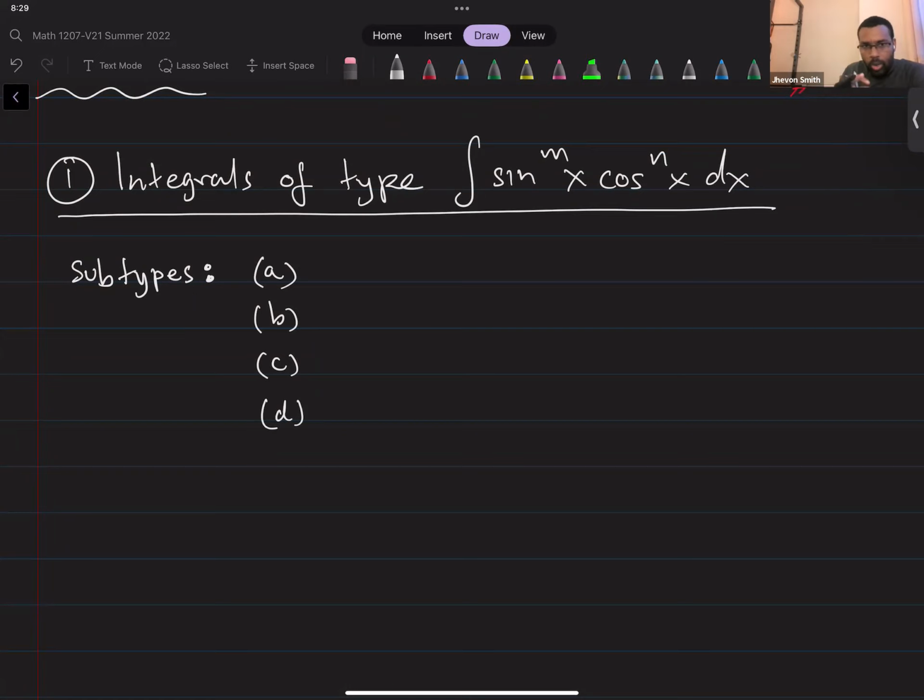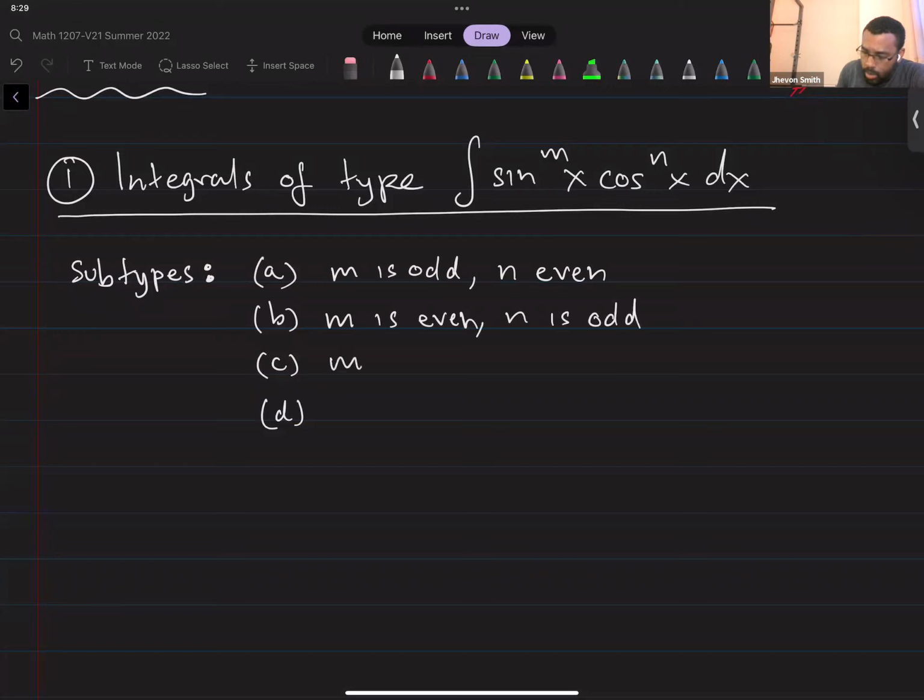It's going to depend on whether the constants are odd or even, and that's going to determine how you approach it. We're going to look at the situation where M is odd, N even, or M is even, N is odd.